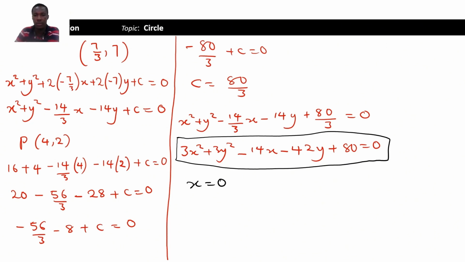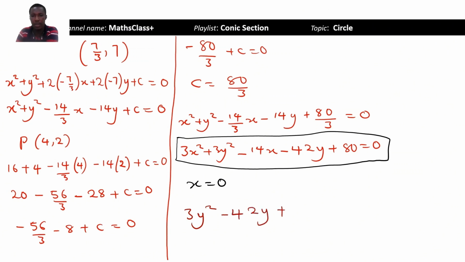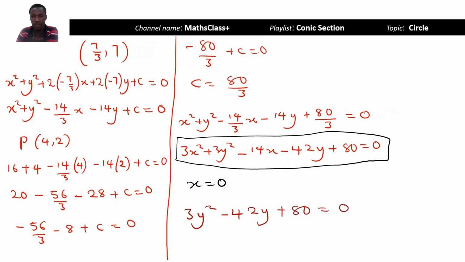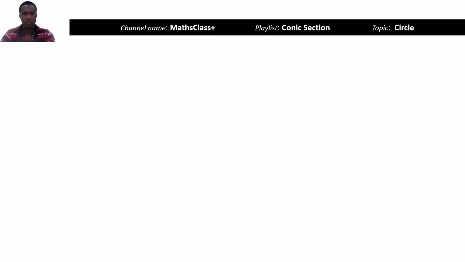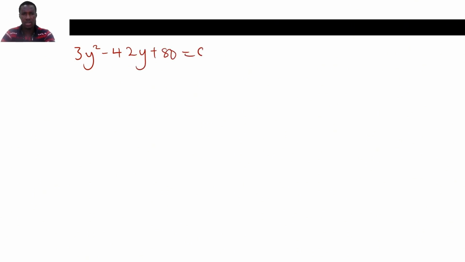So when we put x to 0, we have the equation 3y squared - 42y + 80 = 0.